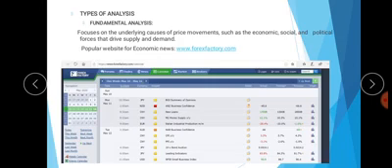Before the price of a particular instrument will go up or down, something must have moved it. So the basic force that moves the market is the kind of news that comes.